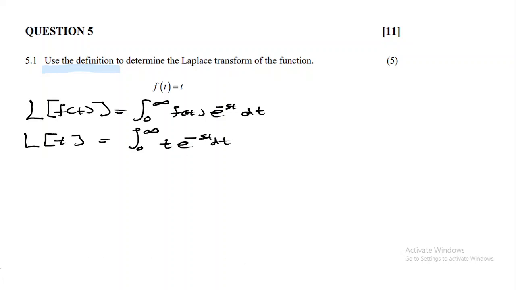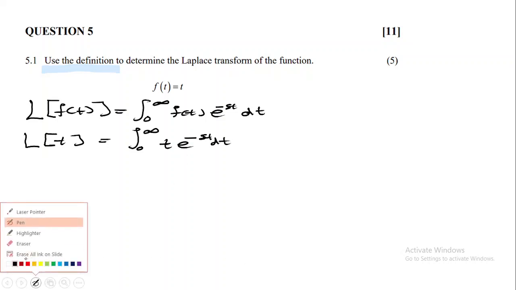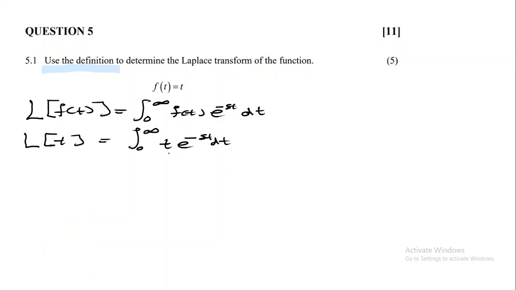With our knowledge of math 1, we can see that you have a product of two functions under the integral. This implies that you are going to apply integration by parts.